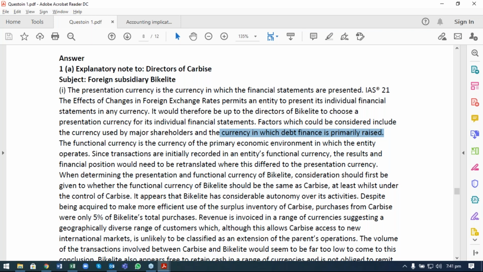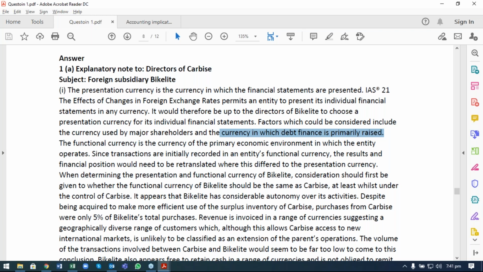But IAS 21, again I'm saying, won't restrict the company from presenting its financial statements in any currency. The only factor you need to consider is what the primary currency was. That is something to make sure we are adhering to the requirements of the framework. The framework says that the information provided to the stakeholders must be relevant to the stakeholders.